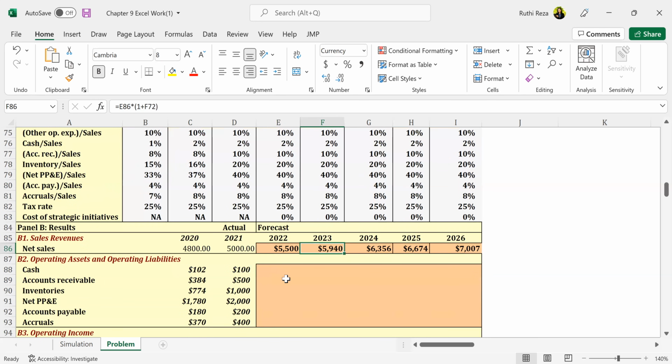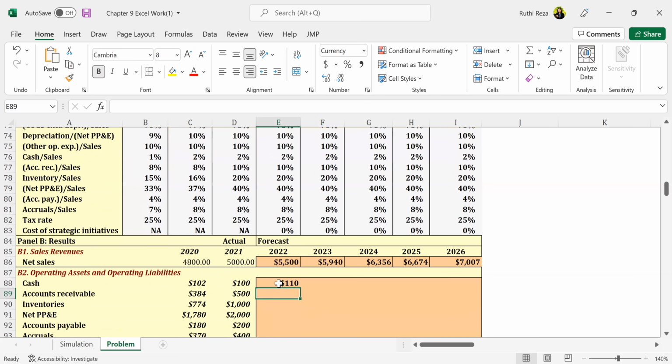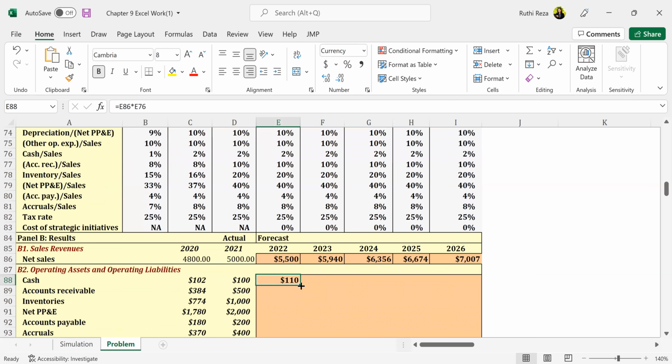All right, then our cash is expected to be 2% of total sales every single year.